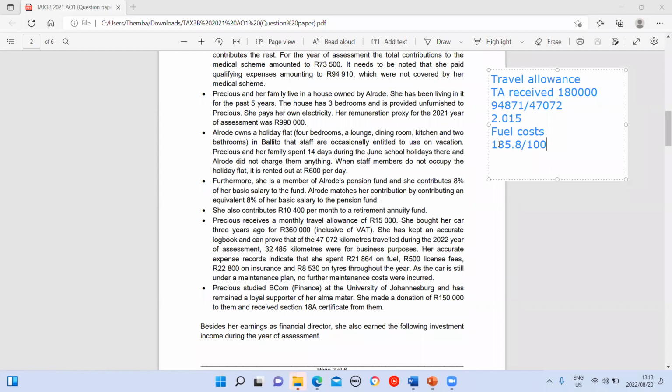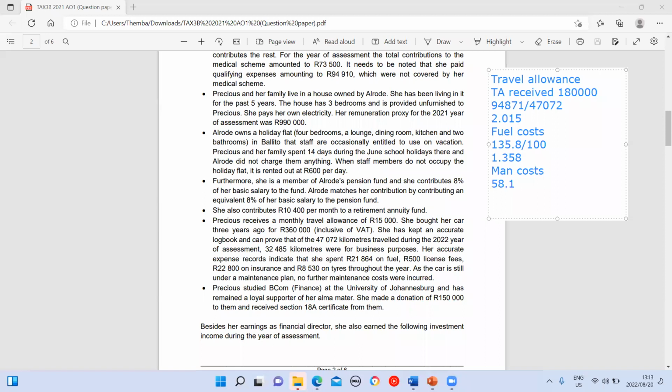That equals 1.358. Remember that you still leave the decimals at three places, although it's in rands, for the team rates. Then you have your maintenance costs, which in terms of the table is 58.1.